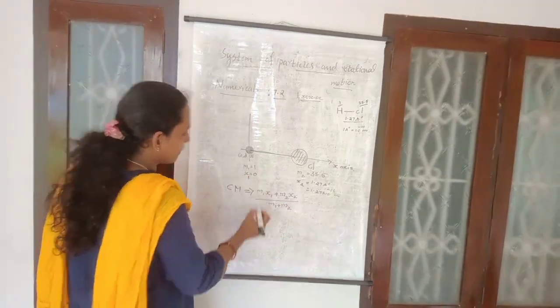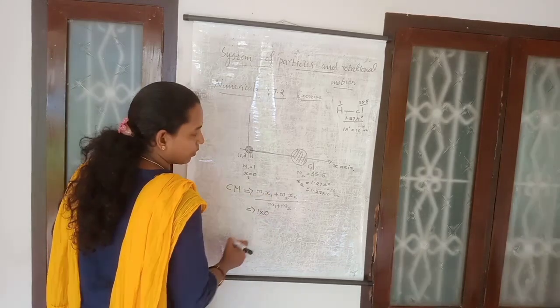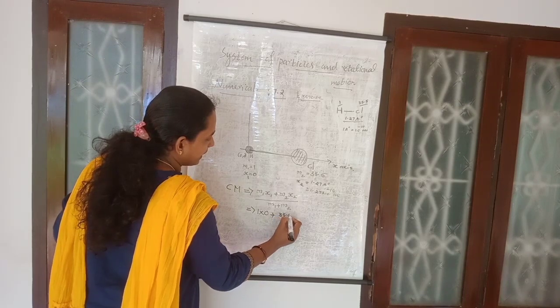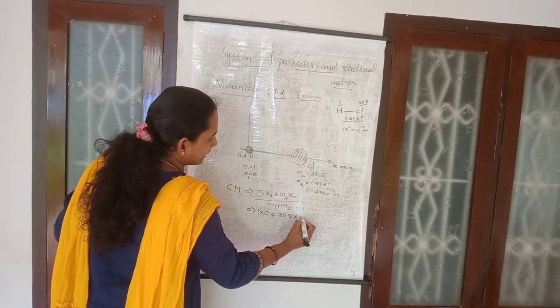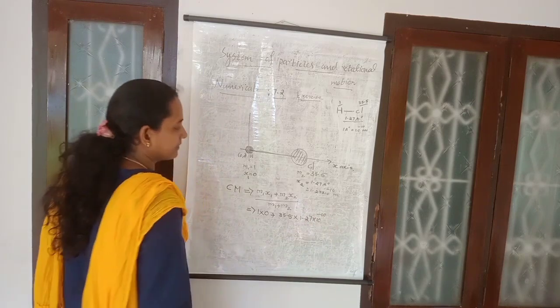So here what is m1? m1 is 1. What is x1? It is 0. Plus, what is m2? m2 is 35.5. What is x2? x2 is 1.27 into 10 raised to minus 10.